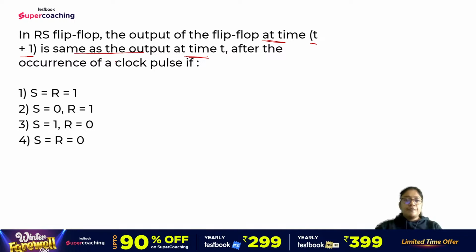In RS flip-flop or SR flip-flop, we know that with 2 inputs, 4 combinations are possible: 0 0, 0 1, 1 0, and 1 1. So we know that in SR flip-flop for 0 0, there will be no change in the output. 0 1 means output will be fixed, and 1 1 is an invalid combination.